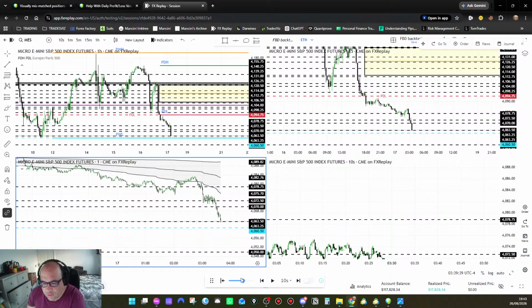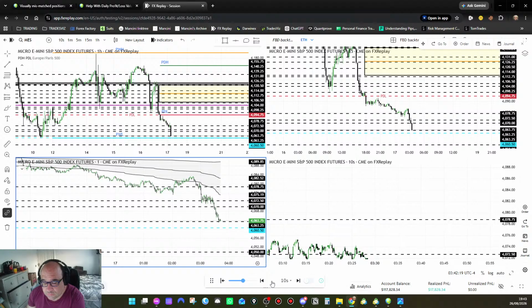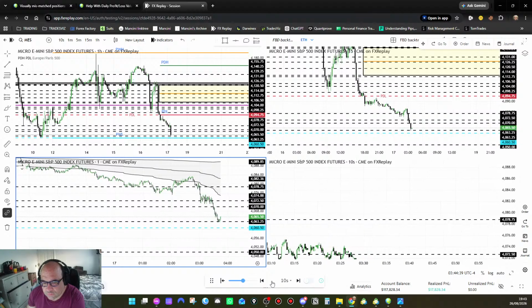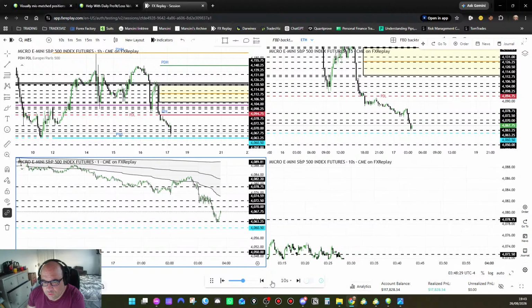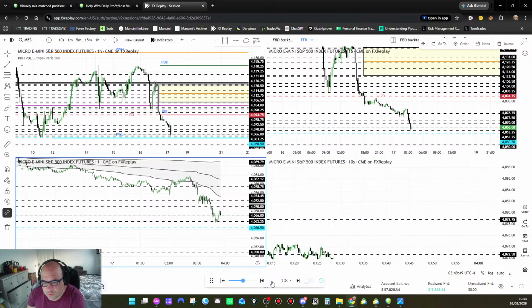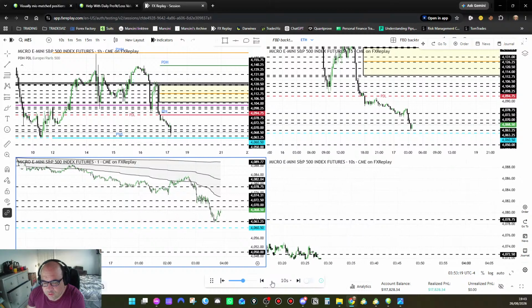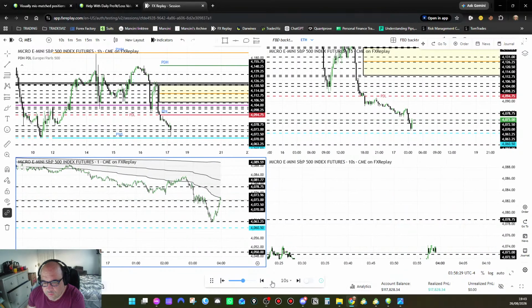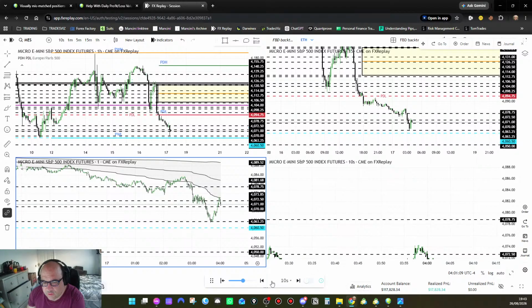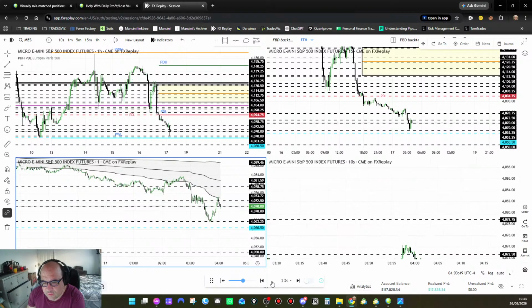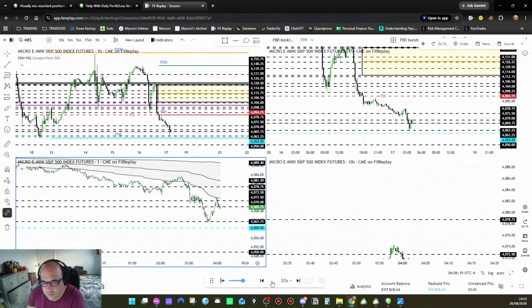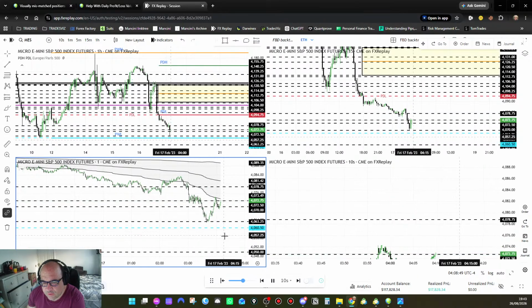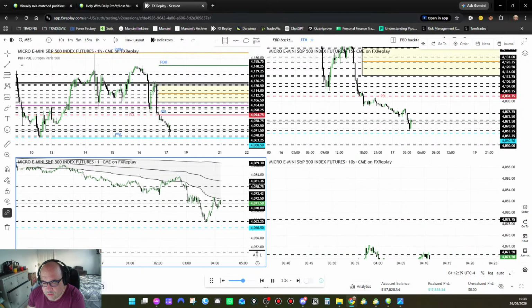Okay, and let's continue and see how it's gonna go. We almost touched it. Let's see if we can do any fair breakdown there. Put the backtest with the DVA low. That's the initial reaction from the level.